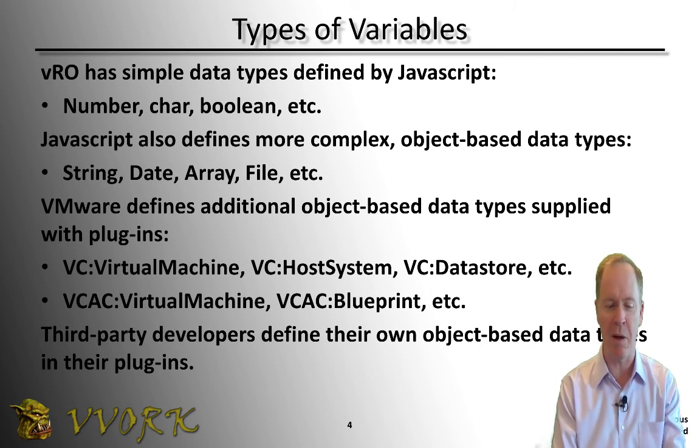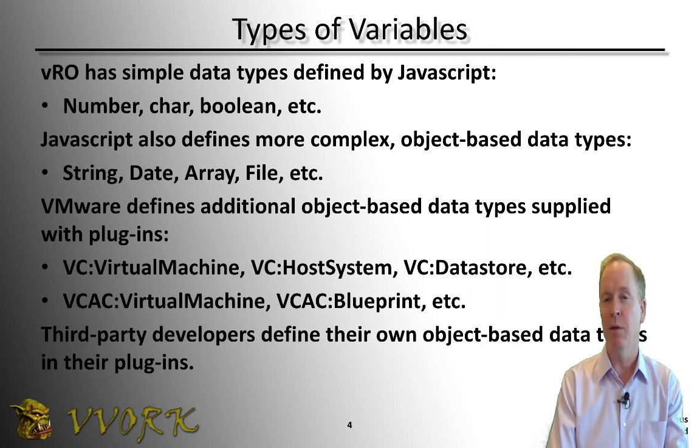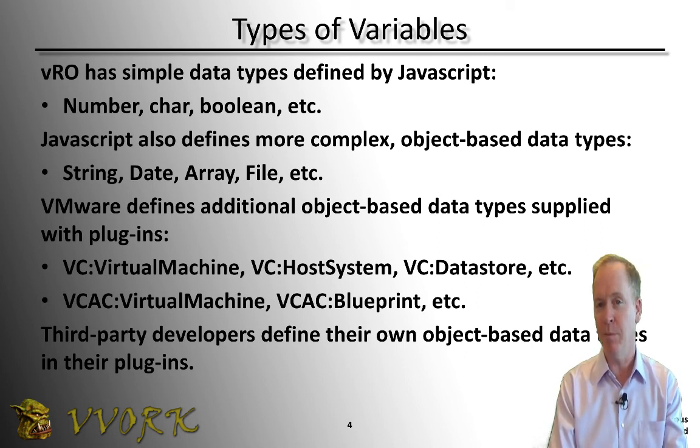Now we can talk later on about why that is, but the reason why I mentioned VCAC:VirtualMachine is as you progress in your Orchestrator development skills, you're going to find at times that there may be a similarly named object, such as VC:VirtualMachine and VCAC:VirtualMachine, but those are two potentially completely different definitions from two different plugins.